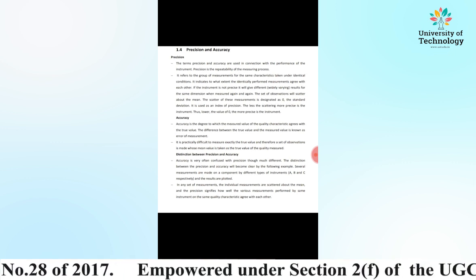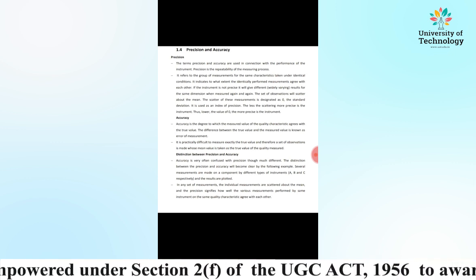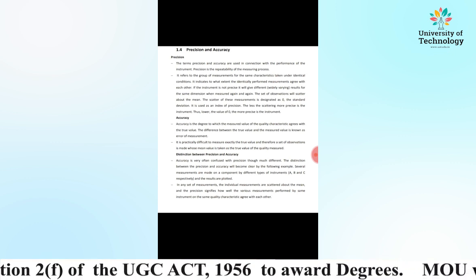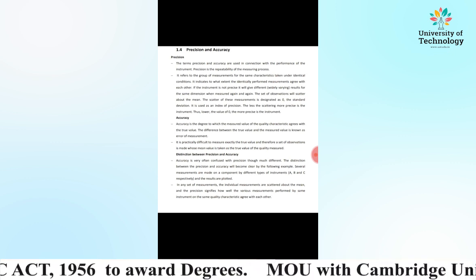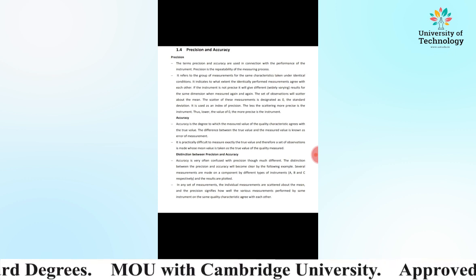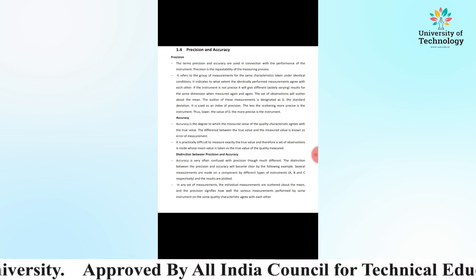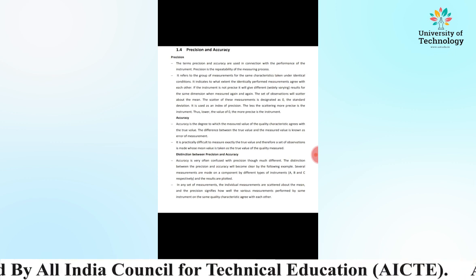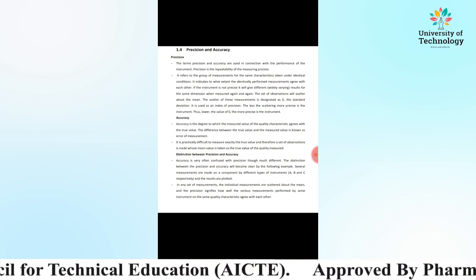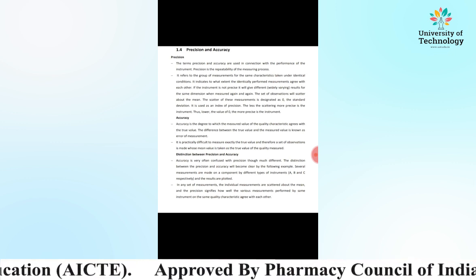If the instrument is not precise, it will give different values for the same dimension when measured again and again. The set of observations will scatter about the mean.